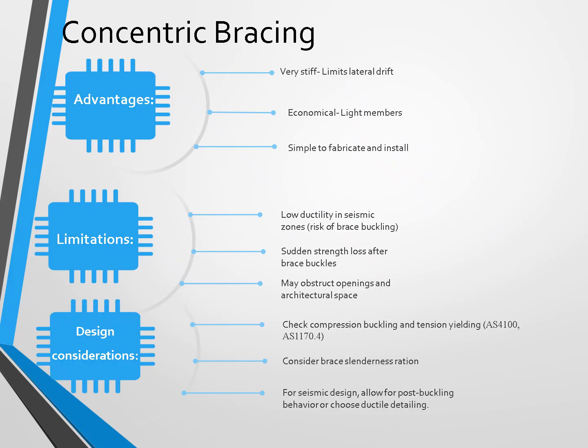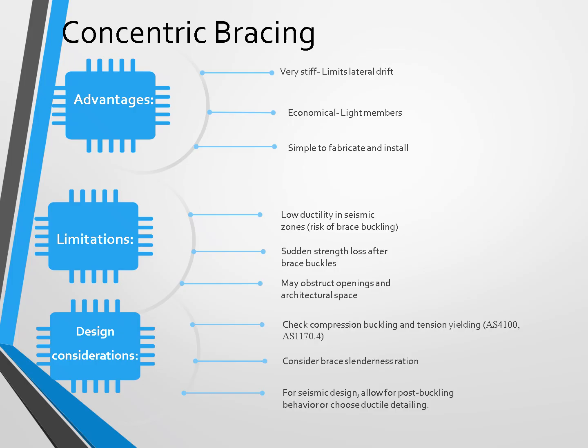And what are the advantages of concentric bracing? As we already learned, they are very stiff, which means the lateral drift or displacement or movement is very limited and small. They are economical because we can use light members through having pure axial forces, and they are simple to fabricate and install. What are the limitations of concentric bracing?